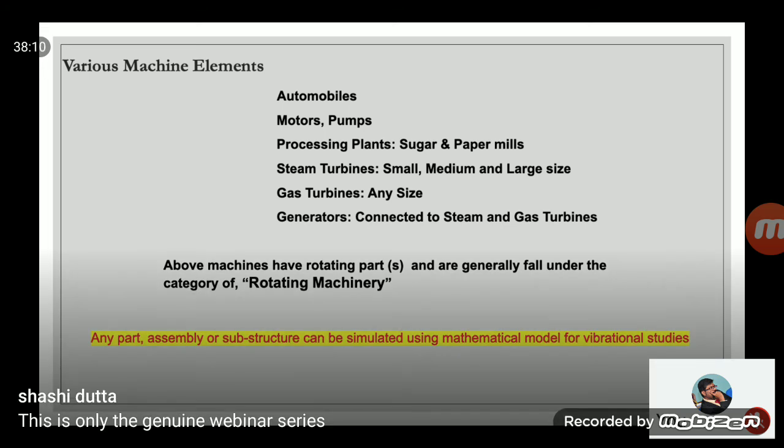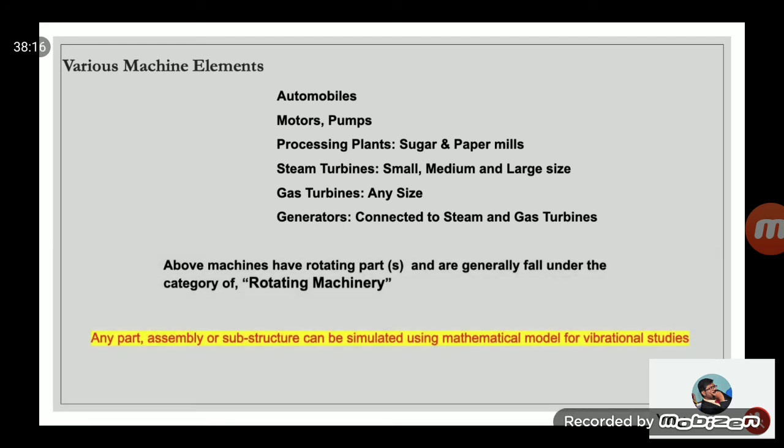They are connected to steam or gas turbines or both. Sometimes they do cogeneration, so they can connect all of them: steam, gas turbine, and generator. All these machines fall under rotating machinery.